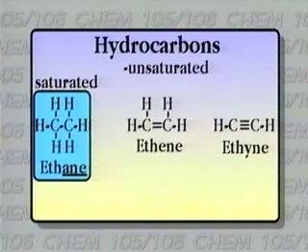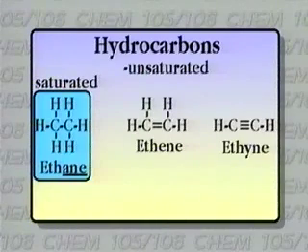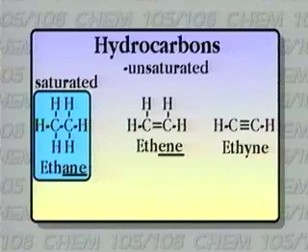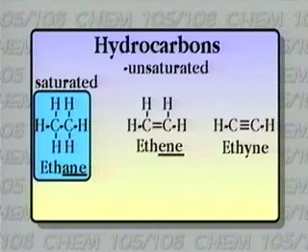The ending ANE indicated only carbon-carbon single bonds. If I put a double bond between the carbons, it's still like an ethane, but we change the ending and the name to ENE. And that ending, ENE, when I see it in the name of an organic compound, implies a carbon-carbon double bond in the structure.